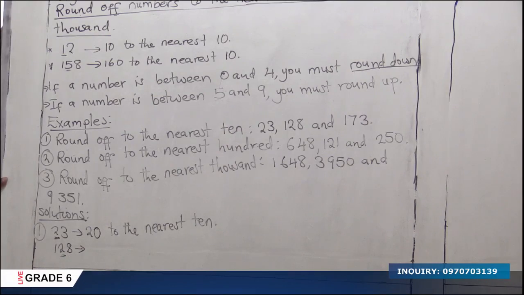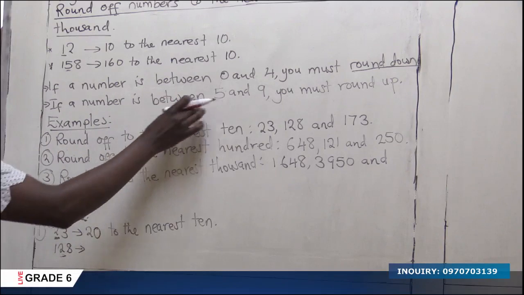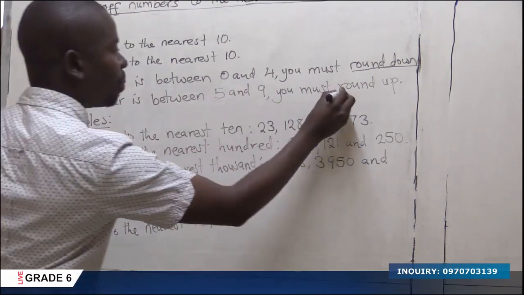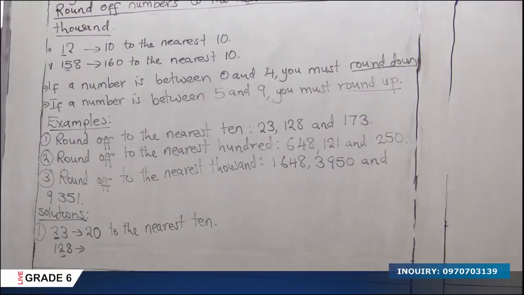Once we find the number we're rounding off, we check the next number. The next number is 8. And remember, I said if a number is between 5 and 9, you must round up.